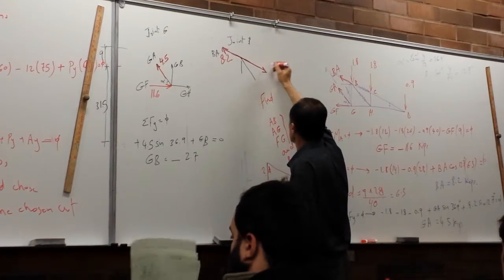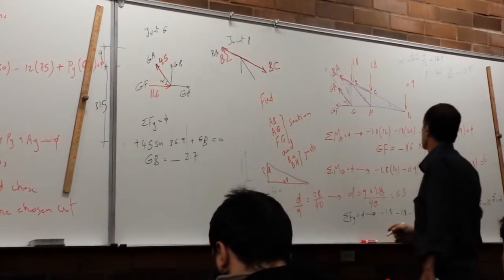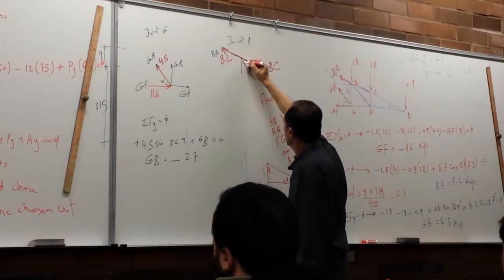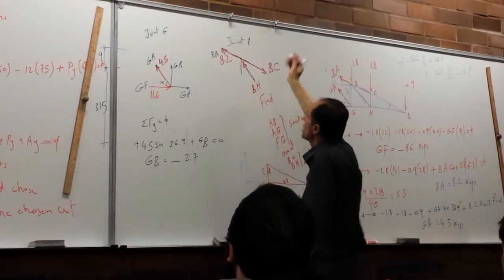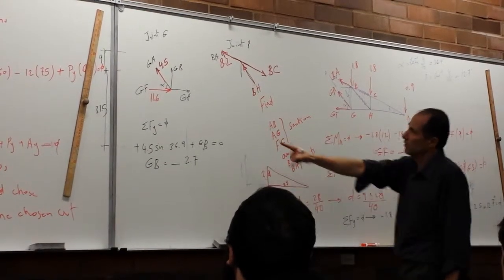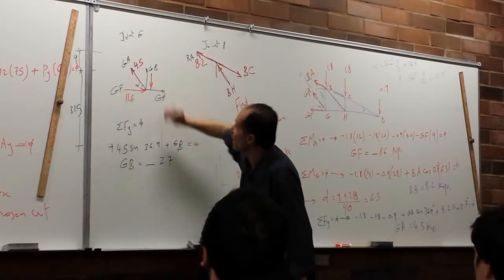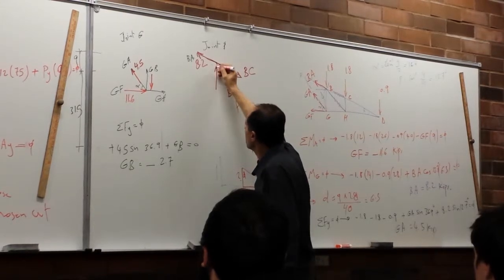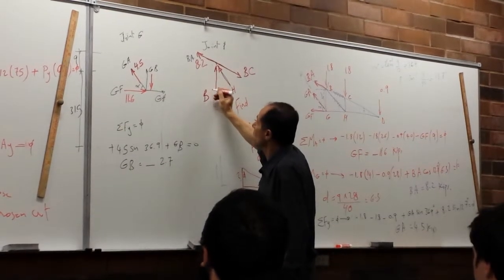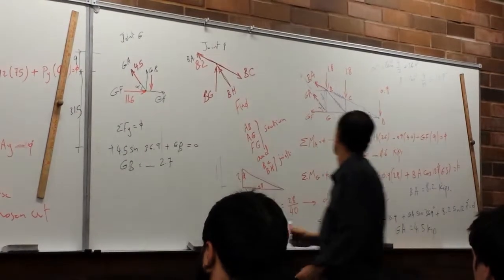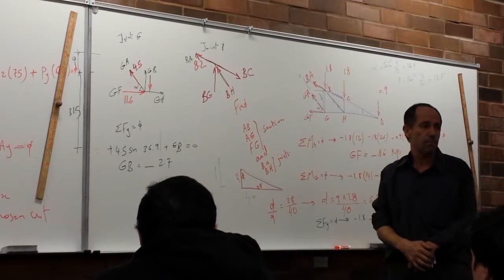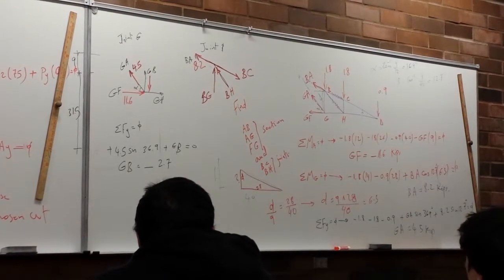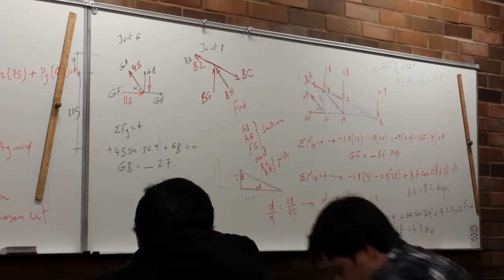I will put it in this direction. BH, I will put it in this direction. Again, I'm just guessing. BG is negative, which means it's in this direction. Agree? BG. Do you agree on joint B? Yes. Everybody?